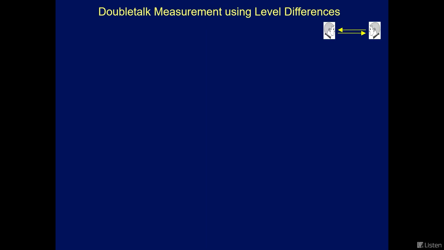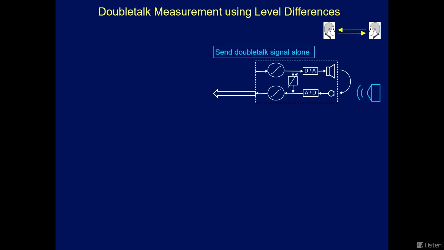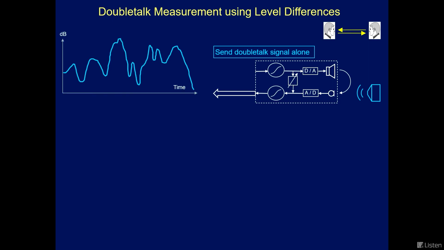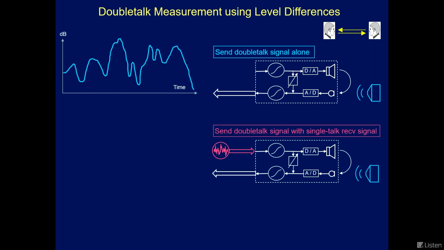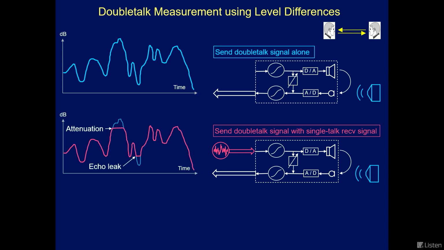So, how do Doubletalk measurements work using level differences? It begins by playing speech from a mouth simulator into a device where the Doubletalk signal is played by itself and the level versus time is taken. Then the Doubletalk signal is played again, this time with the SingleTalk signal that's going in the opposite direction present, and the level versus time again is measured.